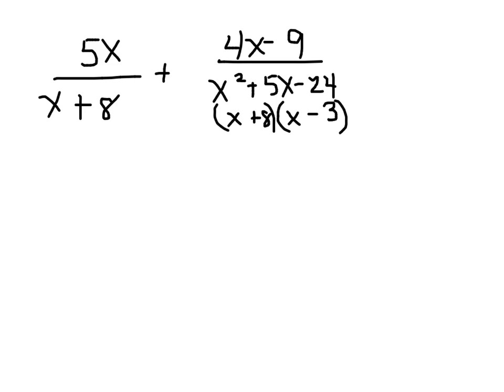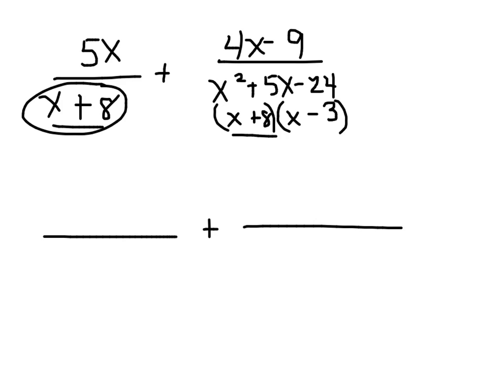And this is what I was getting at. Do you notice how this is the same as this? The x plus 8s? That's not by coincidence. Now, when I come up with my common denominator, the first thing that I will do is write down the first group, x plus 8. And then I'll jump over to the next part and write down pieces that are new.